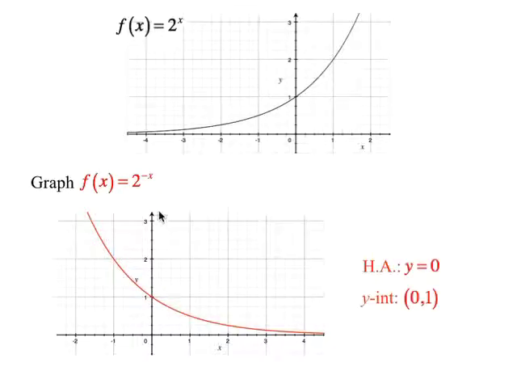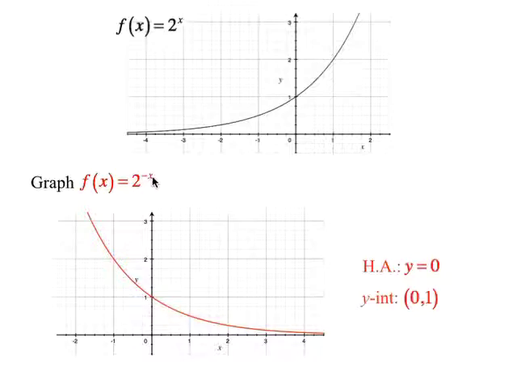Okay, so what happens if, instead of an x, we have a negative x? Well, the graph is going to flip over the y-axis, and that should make sense to you. Instead of just memorizing that, let's see if we can rationalize it. Whatever x was, now we're going to have the opposite. So if x was 3, now we're going to have negative 3. If x was 5, we're going to have negative 5. If x was negative 1, now we're going to have positive 1.